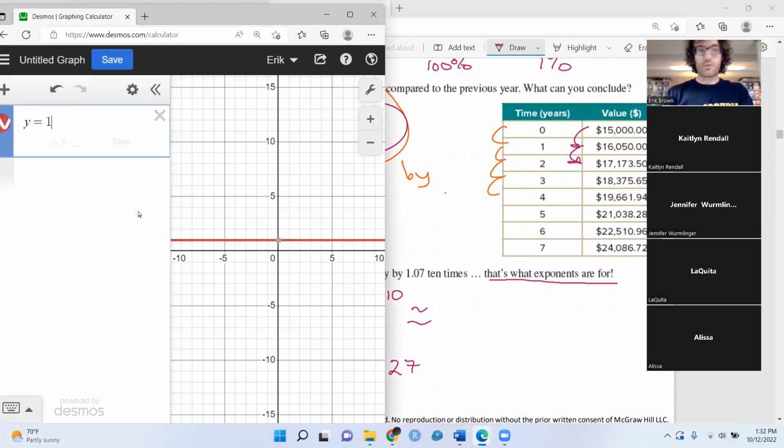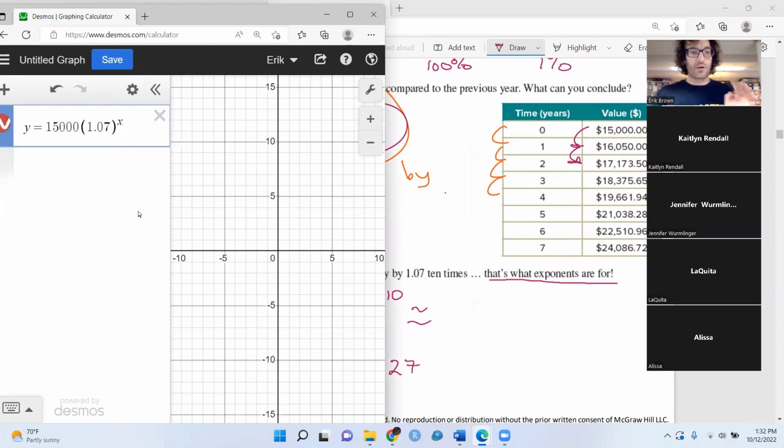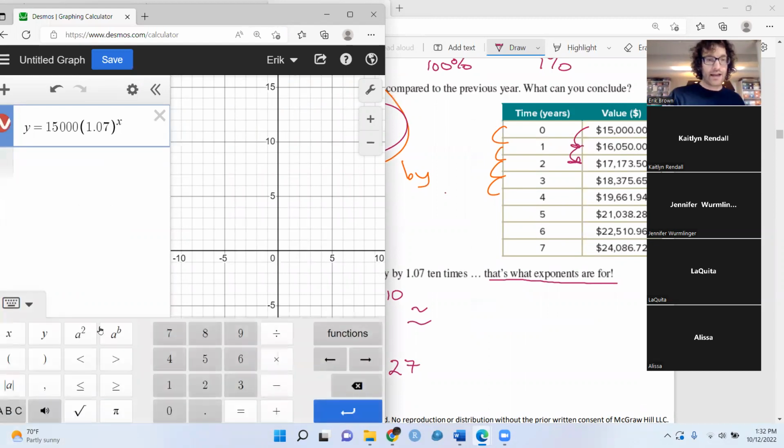I need a new blank graph. So I'm going to type y equals 15,000 times 1.07 to the x power. I'm going to do shift 6 for the exponent x. If you're wondering how to get that x in the exponent, if you're using your phone, you would open up the keypad and click this AB button, and it'll raise it as an exponent.